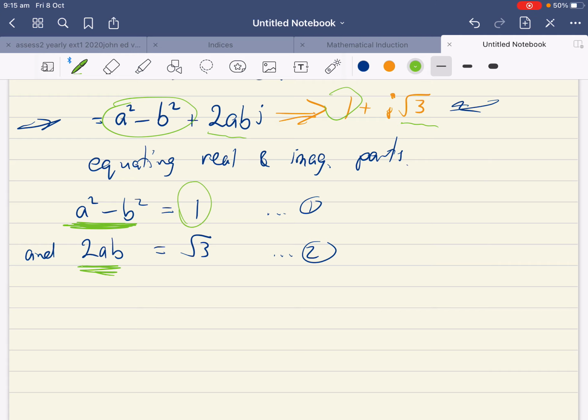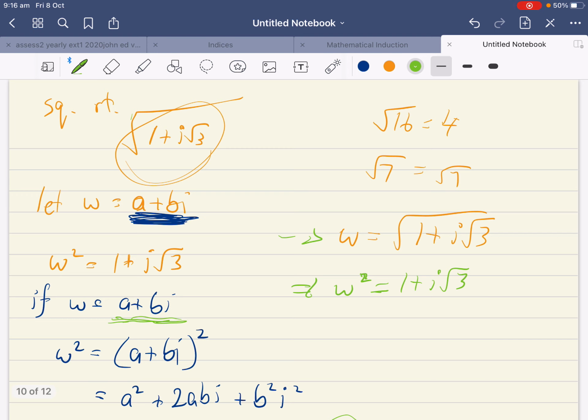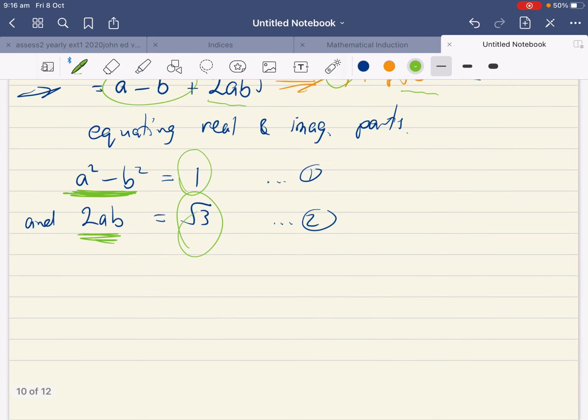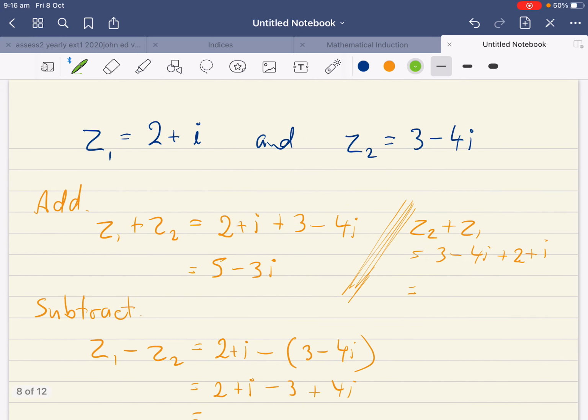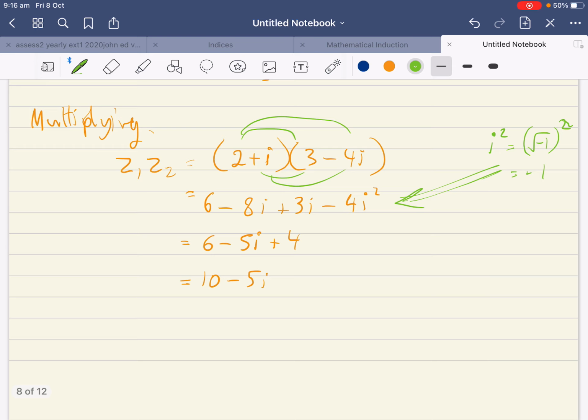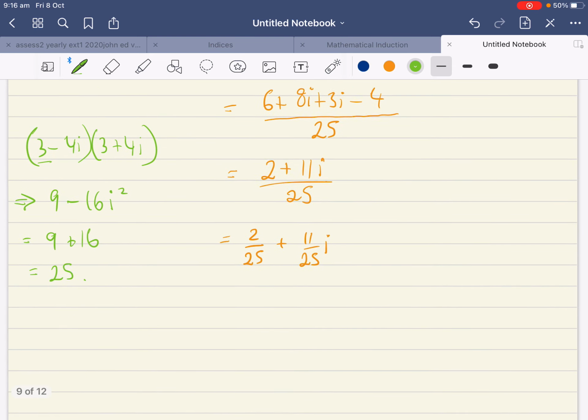And these sections here will just be the real and imaginary part of whatever the number is you're trying to square root. And so you're always left having to solve a simultaneous equation, which is always the same as this one here. The only subtle difference is that will be a different number and that will be a different number. And as far as adding, subtracting, multiplying, and dividing, they're all pretty straightforward.